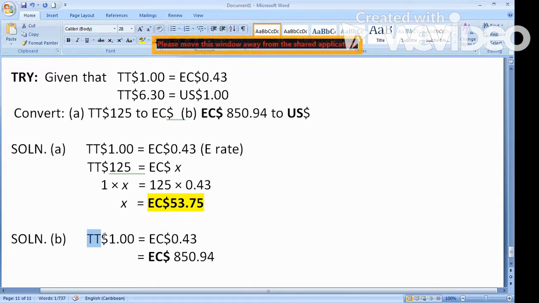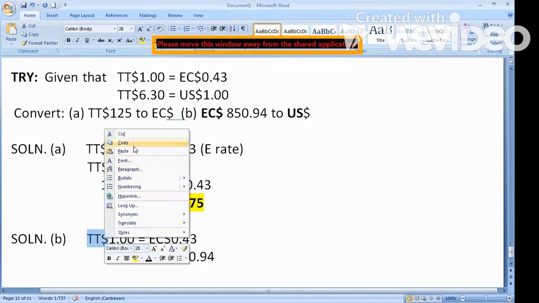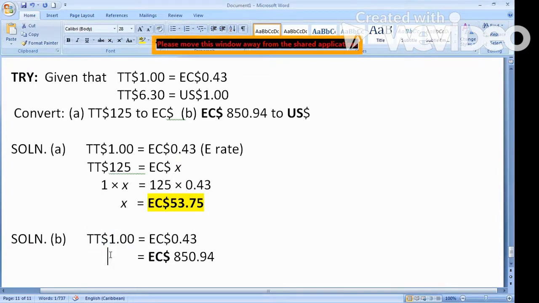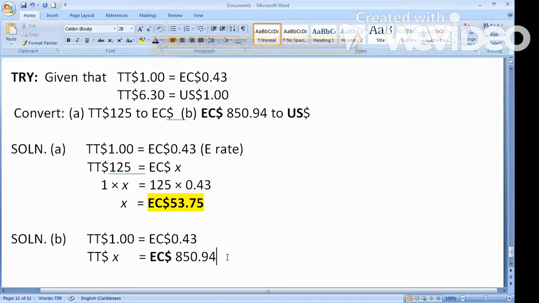So what goes down here would be TT, X. And then we cross multiply.